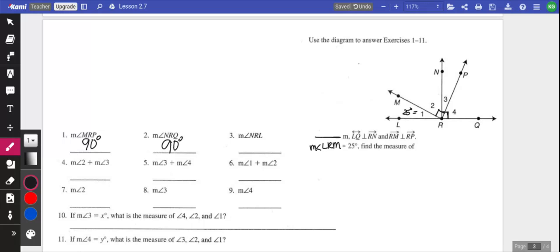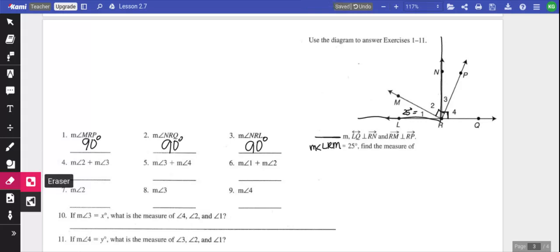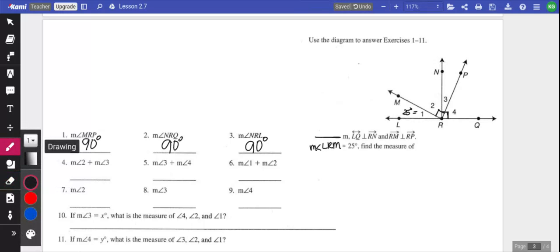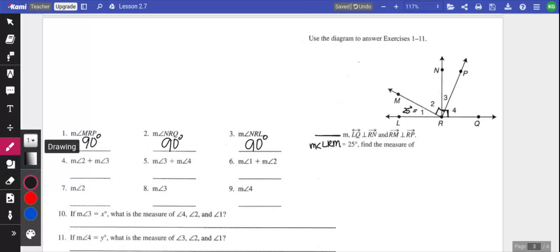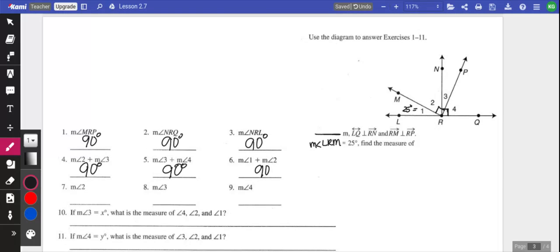NRL, which is this back one, also 90. Angle 2 plus angle 3, see that little square? Also 90. Angle 3 plus angle 4, see that little square? Also 90. Angle 1 plus angle 3. No, angle 1 plus angle 2. Also 90, right here.